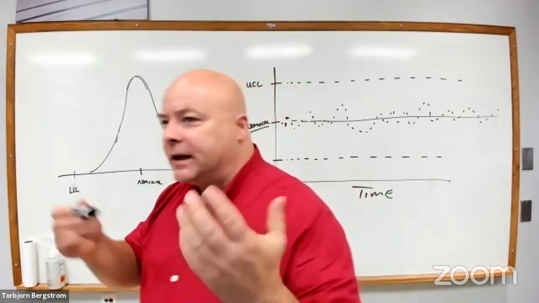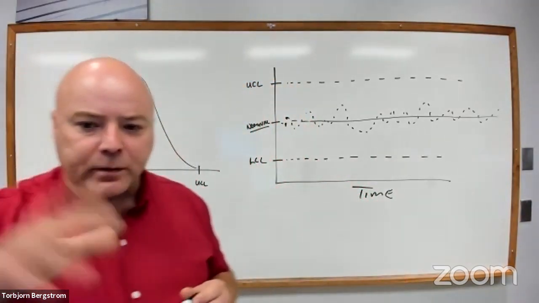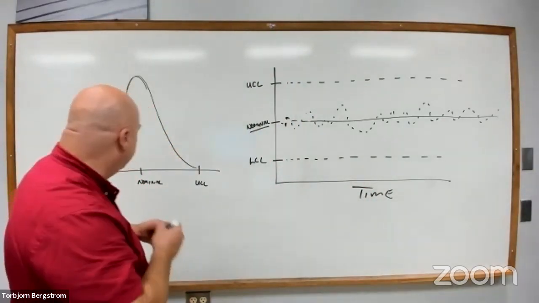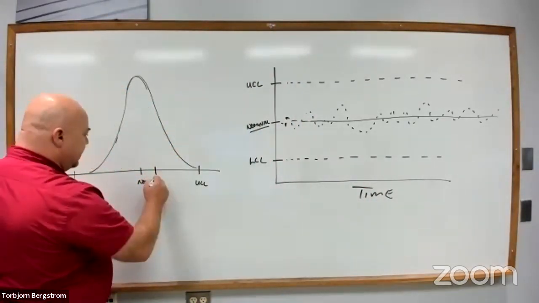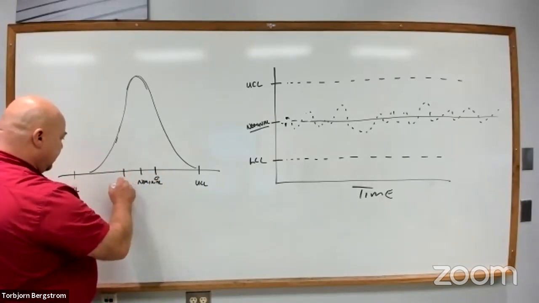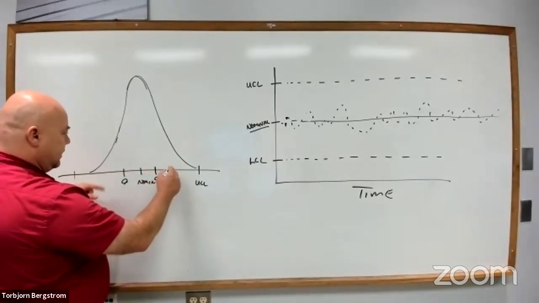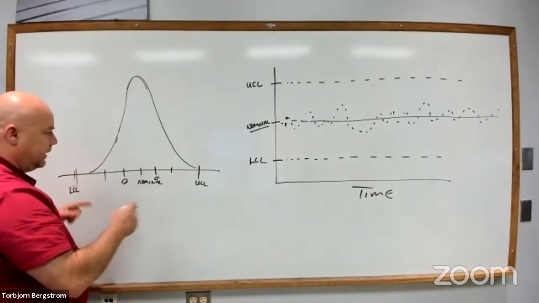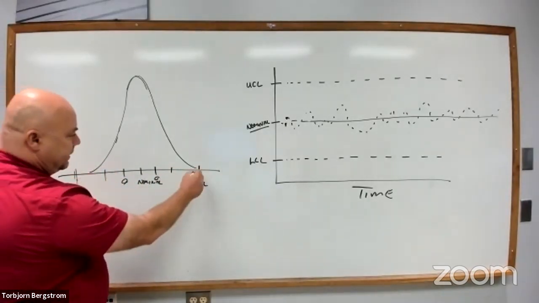We can calculate a standard deviation, and there are formulas for that. You can look up the formula for standard deviation. We use the symbol sigma for that. And so you could have plus or minus 1 sigma, 2 sigma, 3 sigma. And so the range from -3 to +3 is 6.